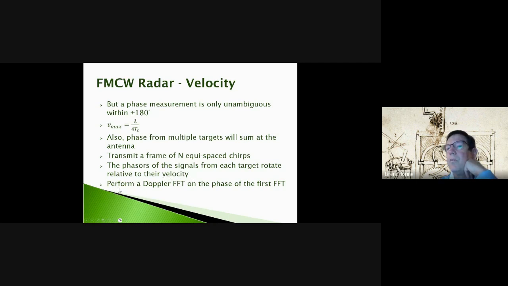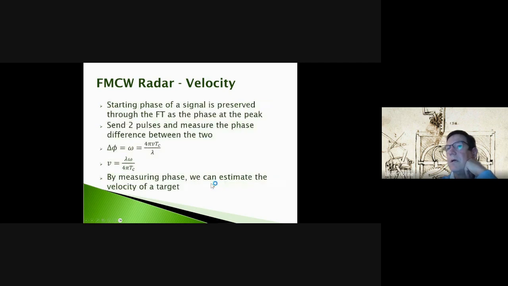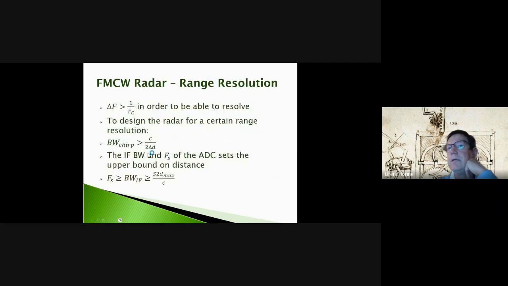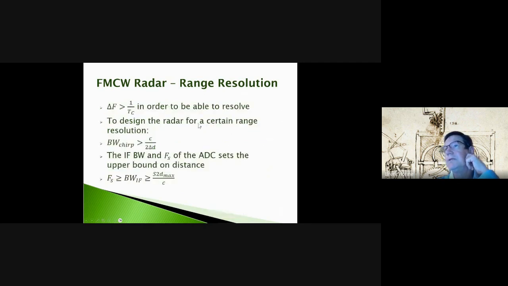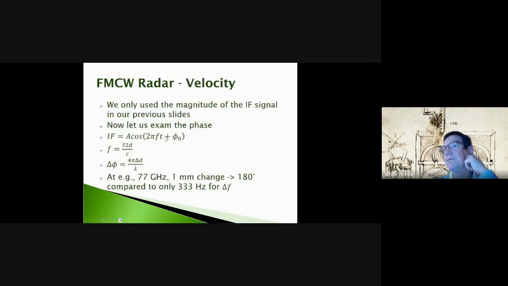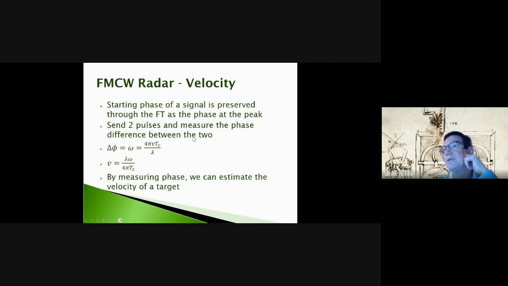Now, we use that to perform a Doppler FFT on the phase of the first FFT, right? Back here, we took a Fourier transform to get the distance, and at first we only looked at the magnitude, but then we knew that we had phase that comes along for free, so let's use it.